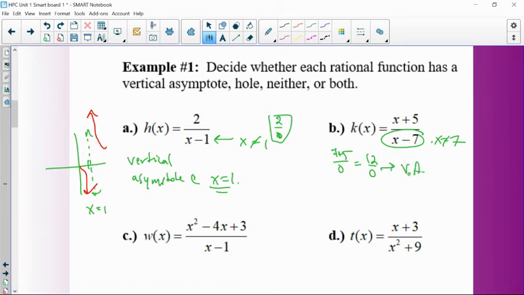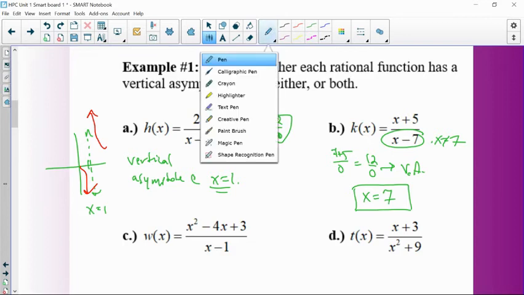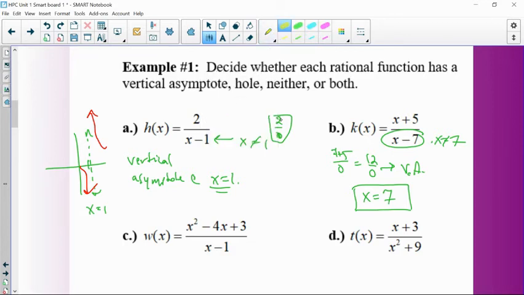We'll call it VA because asymptote is kind of a longer word to spell. So I know the equation of that vertical asymptote is x equals 7, because that's the equation of a vertical line. The first time was 2 over 0, and this one was 12 over 0. If it's any number over 0, other than 0 over 0, you have a vertical asymptote.